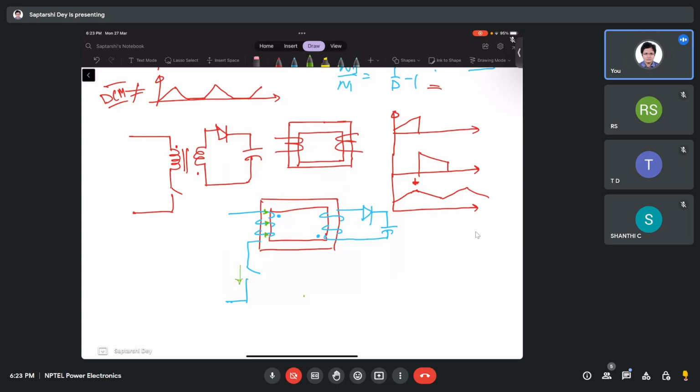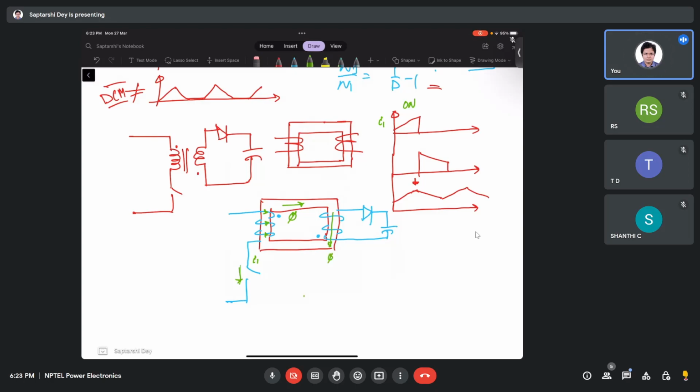So the flux in the core is this. Now when this current I1 is increasing, when the switch is on, this flux is increasing in this way. Now if we look at this secondary winding, the secondary winding is experiencing a flux like this.